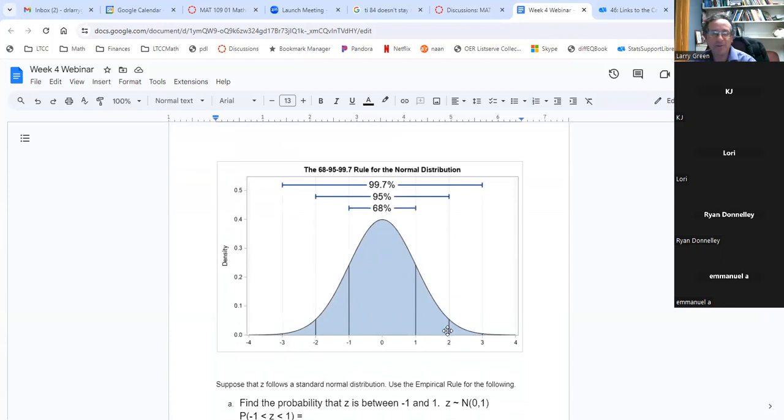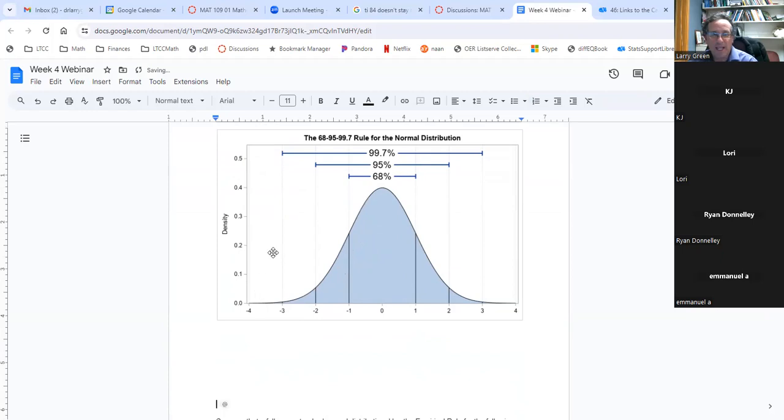I have a picture, and this picture is really important. What does this picture show? What's the name for this picture? It shows a normal distribution, but then there are these special numbers, and one of those numbers is a name for what this is. So there's a normal distribution, and there's more to it.